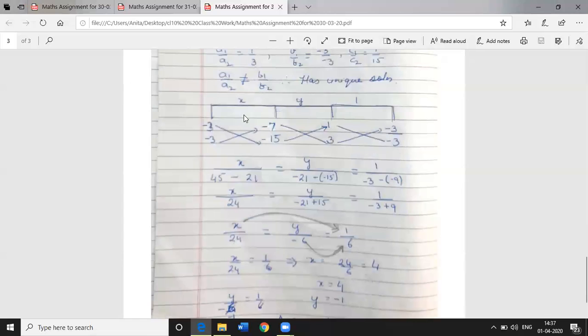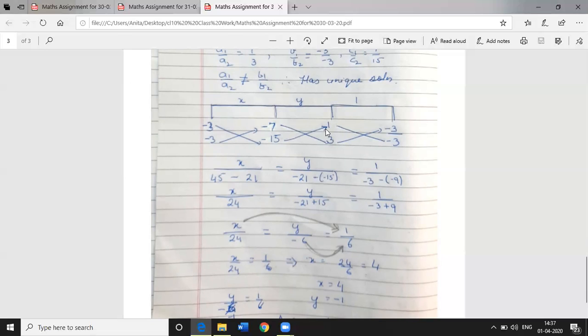Next step would be, after I write the x, what is this now? Minus and minus becomes plus 45 minus. These two when you multiply, I am getting minus 21. Is equal to y. What is this? Minus 21. When you multiply this, it is minus of 15.